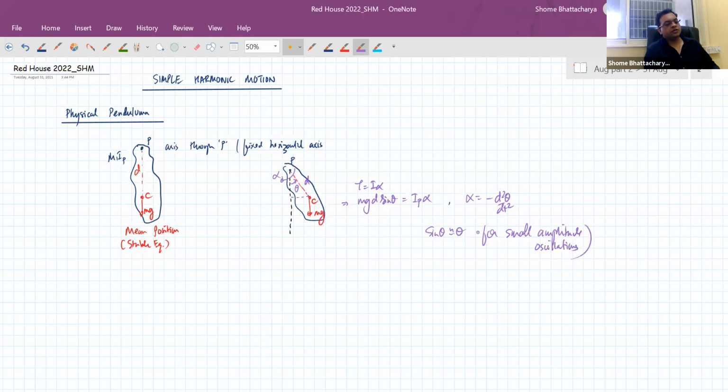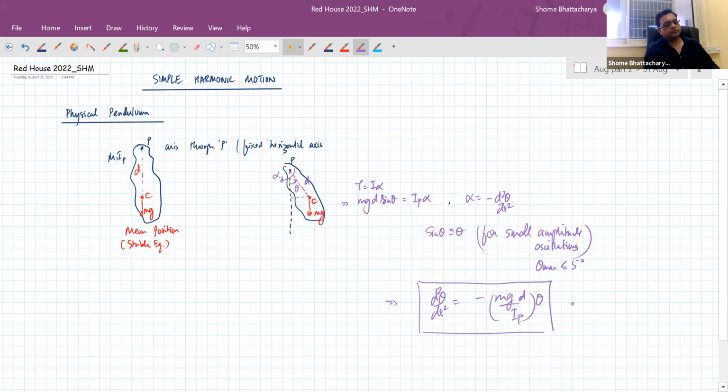Small amplitude oscillation means that theta's maximum value should be less than about 5 degrees. So in that case, we get this relation that d2 theta by dt square is minus mg d divided by IP into theta, which is the angular harmonic motion equation. Omega square is this, so the time period now has the standard formula.